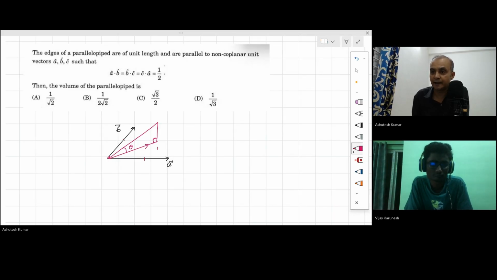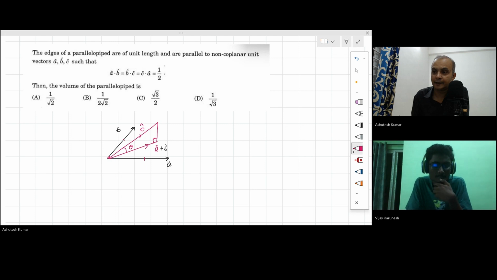So this must be a vector, sorry, a cap. Let me just write a cap here. A cap plus B cap, correct? And this vector is already I have C cap vector, correct? Yes. Are you understanding, visualizing this whole thing?